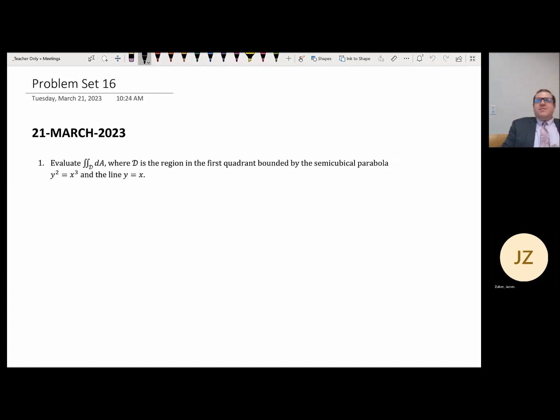Want to evaluate the double integral of the area differential over the region D that is located in the first quadrant, bounded by the semi-cubical parabola y squared equals x cubed and the line y equals x.